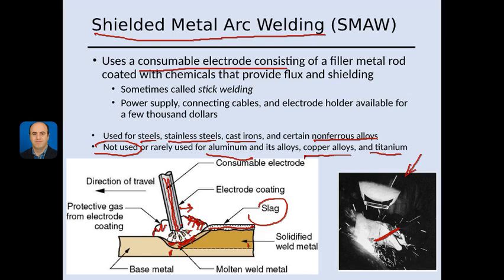One of the disadvantages of stick welding is that you have to change the stick, because the stick is going to be melted, and you need to take a new stick in order to continue the process. So that is one of the disadvantages, because it reduces production.